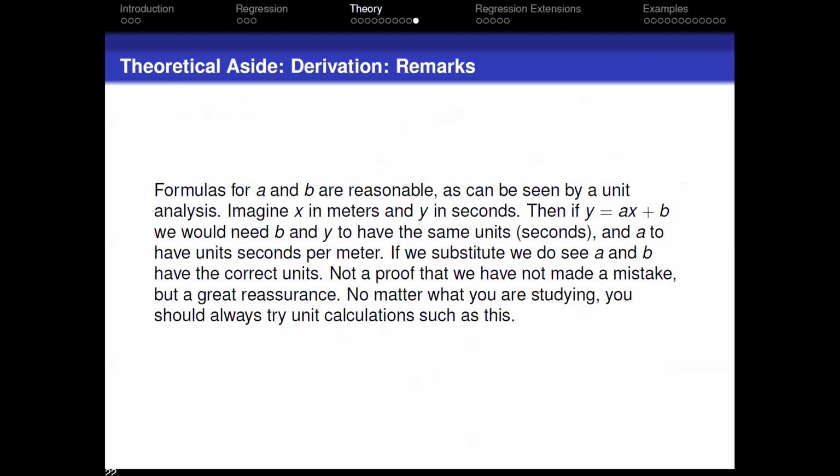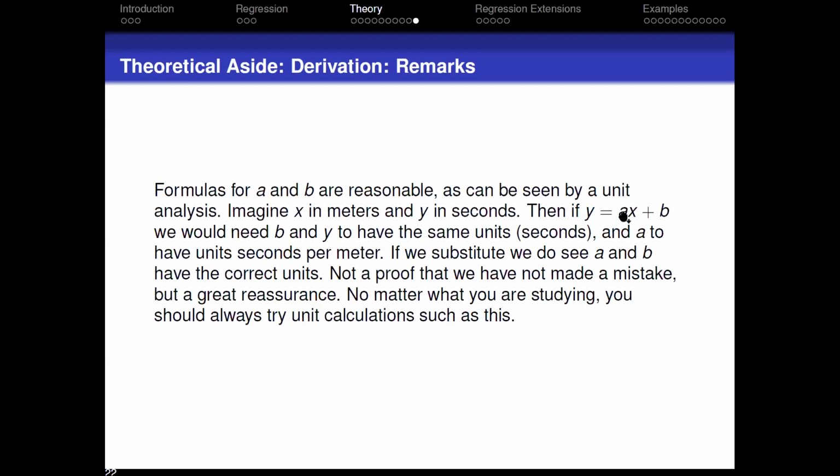One of the things that I always like to mention is: is your answer reasonable? So you want to think about what units things have. If y equals ax plus b, let's say x is in meters and y is in seconds. Well, if y is in seconds, what are the units of b? Seconds.